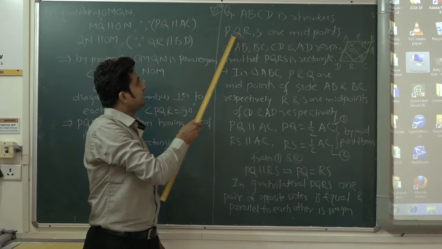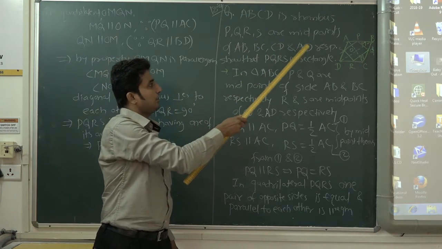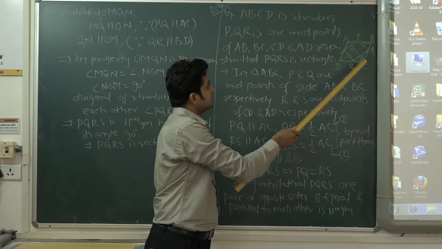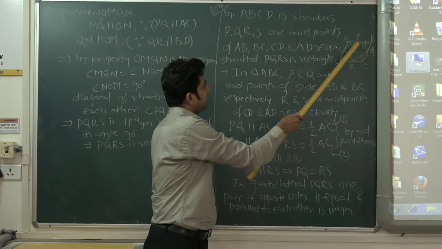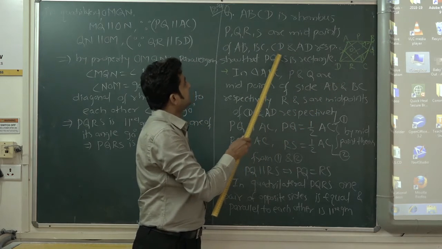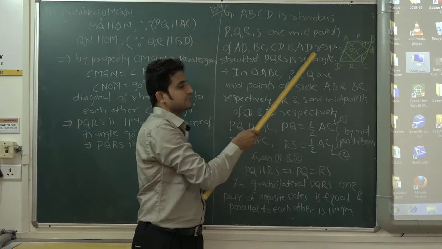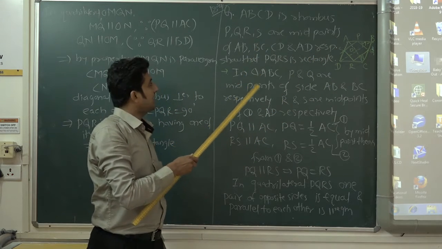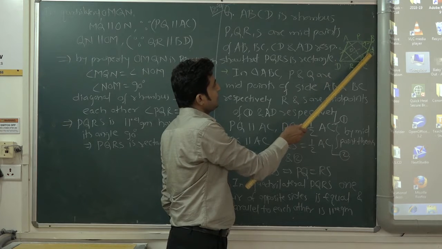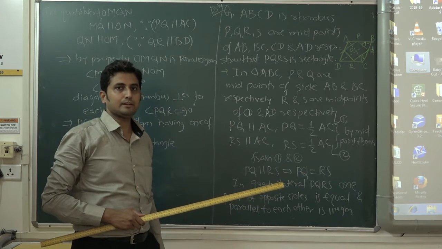P, Q, R, S are midpoints of AB, BC, CD and AD respectively. P is the midpoint of AB, Q of BC, R of CD, and S of AD. We have to show that PQRS is a rectangle.